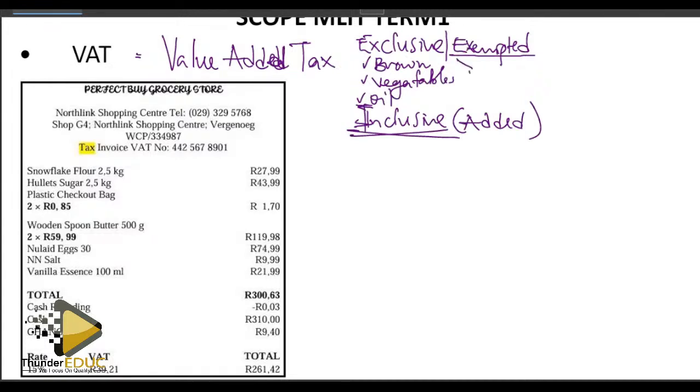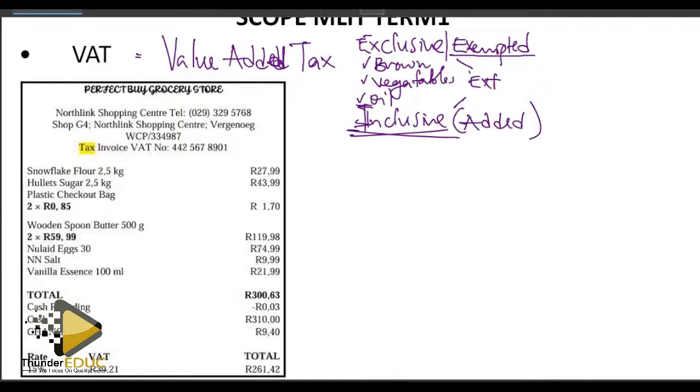Mainly foodstuffs here don't have VAT. Why? To make it simple for people to have what to eat, for people to survive. Not everyone can afford what to eat, all right? So the government has to make it simple for people to look for food, so that they don't die of hunger. All right.